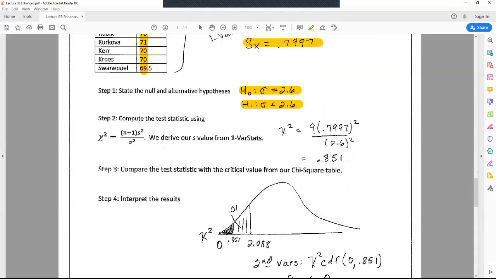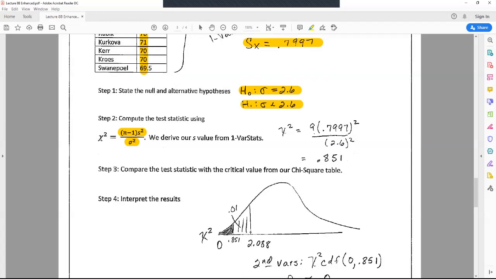Chi-square is found by taking the degrees of freedom, which is n minus 1. You multiply that by the sample variance, and then you divide by the population variance, or in this case, the assumed population variance. Notice that the null claims that it's 2.6, and that's what we're going to go with.